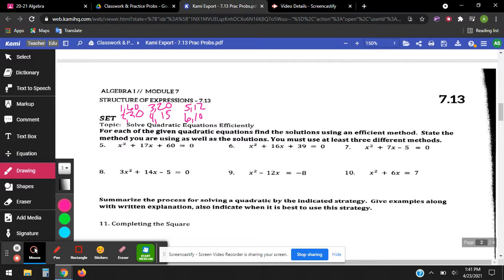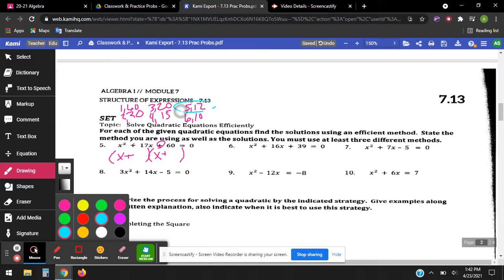A lot of factors. All right, do any of those work with, let's see, it's a plus. So it'd be an x plus, because they're both pluses, x plus. So do any of those add up to 17? Oh yeah, right there, 5 and 12. So this one we factored.